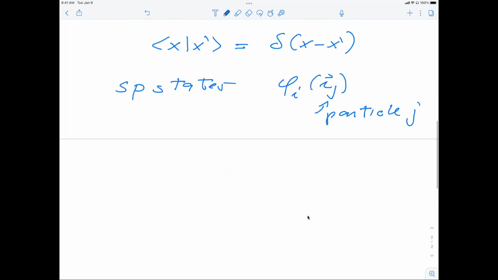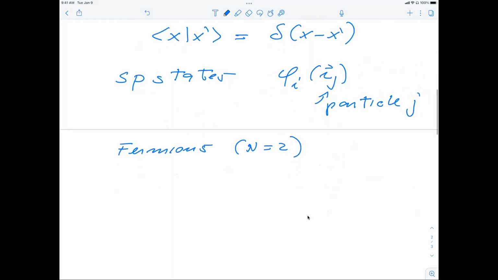So if we now look at fermions, and let's now suppose we take two fermions, and we look at the case with n equal to 2. The way we would represent the many-body state, so we will have an ansatz for a many-body state, which is now built upon the single particle states.